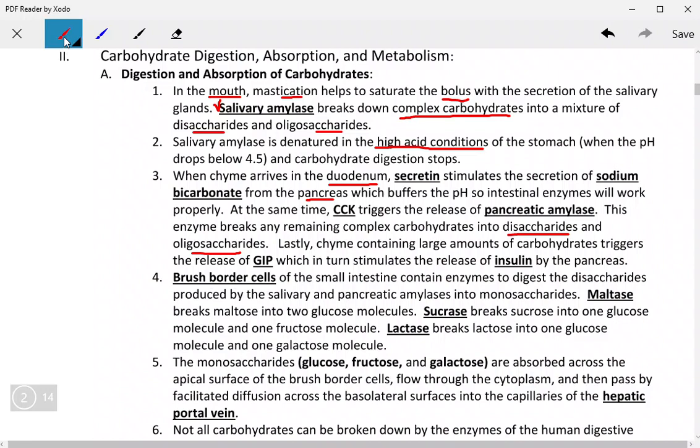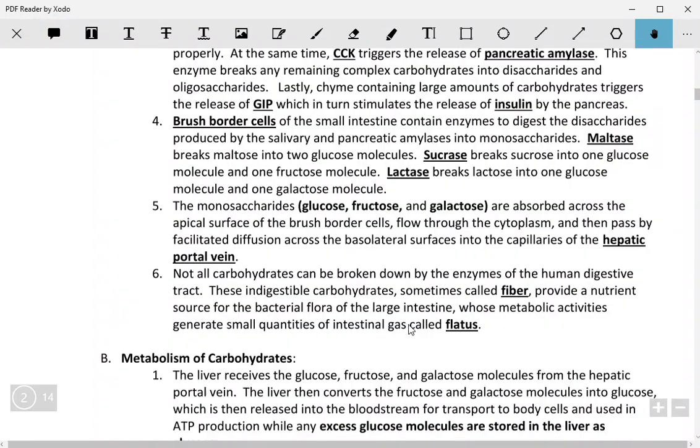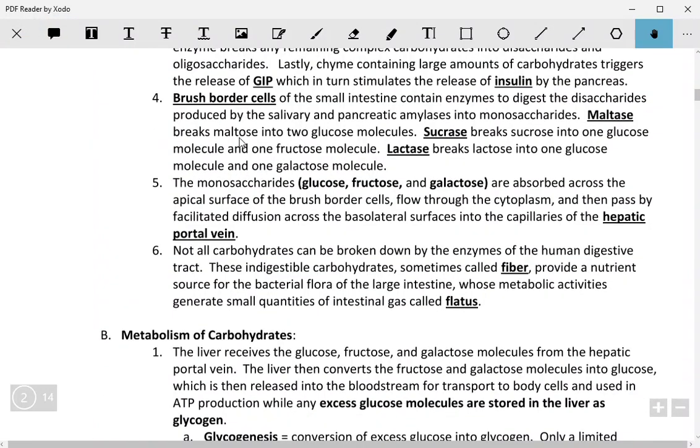I hope you remember who the brush border cells are. These are your simple columnar epithelial cells lining the walls of the small intestine. But the majority of these cells have these brush border enzymes. Okay, these are cells that carry the brush border enzymes.